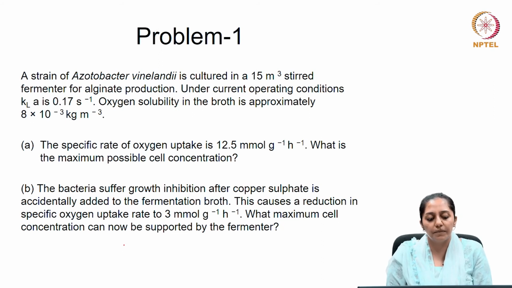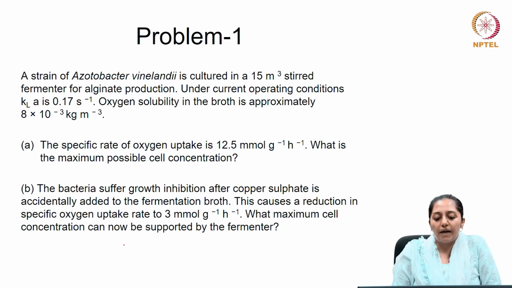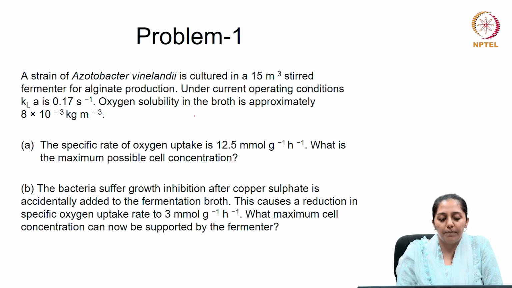Let's discuss a problem here. A strain of Azotobacter is cultured in a 15 meter cube stirred fermenter for alginate production. Under current operating conditions, the volumetric mass transfer coefficient is given as 0.17 second inverse. The oxygen solubility in the broth is approximately 8 ppm.